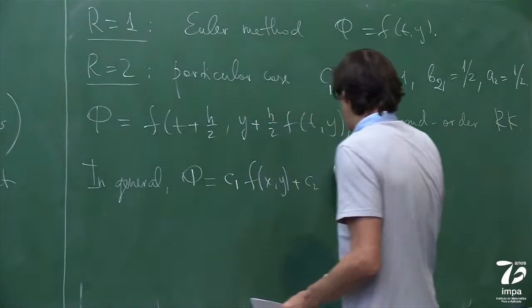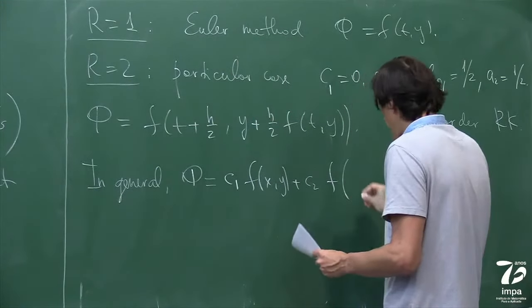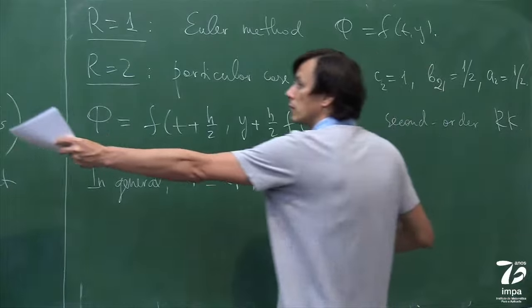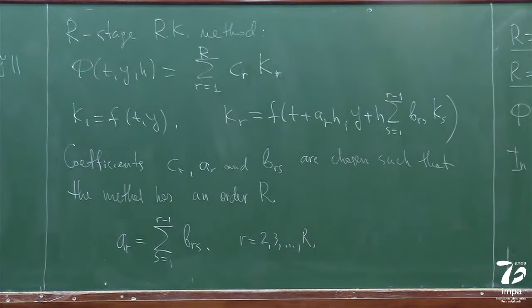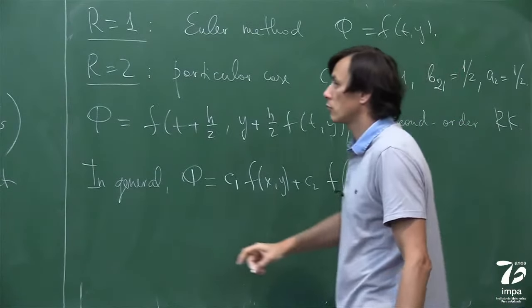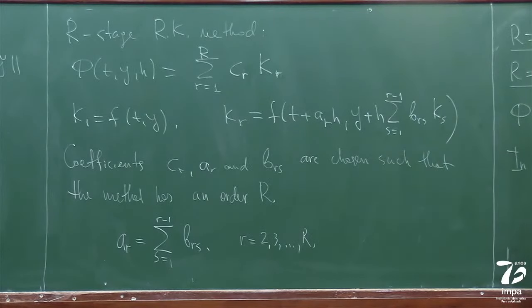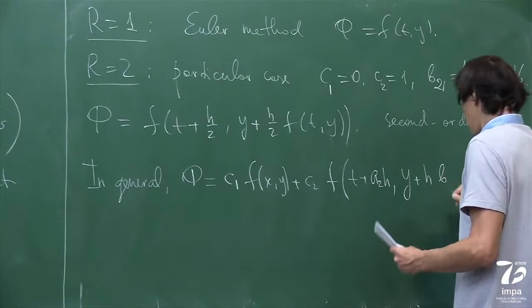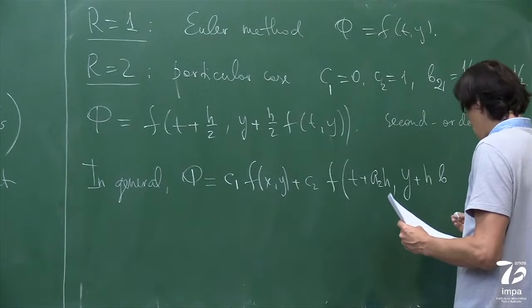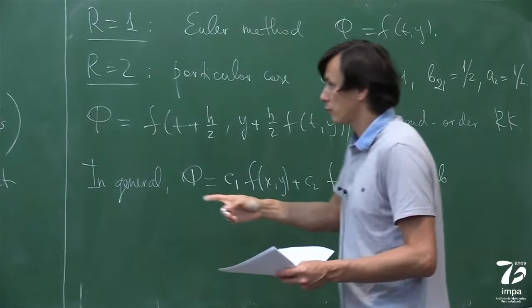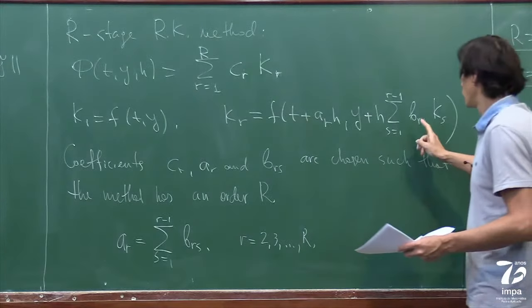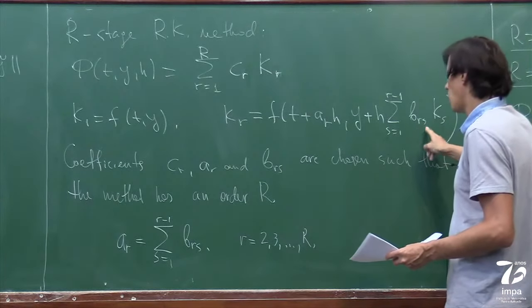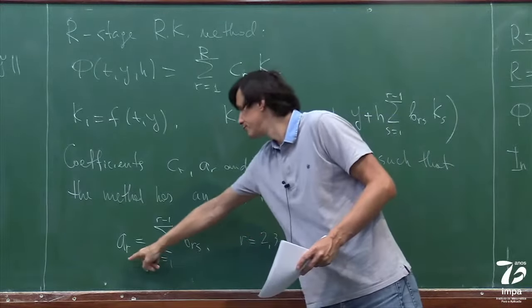And K2 is already a function of t plus A2 h, and then y plus this B21, but B21 is A2.